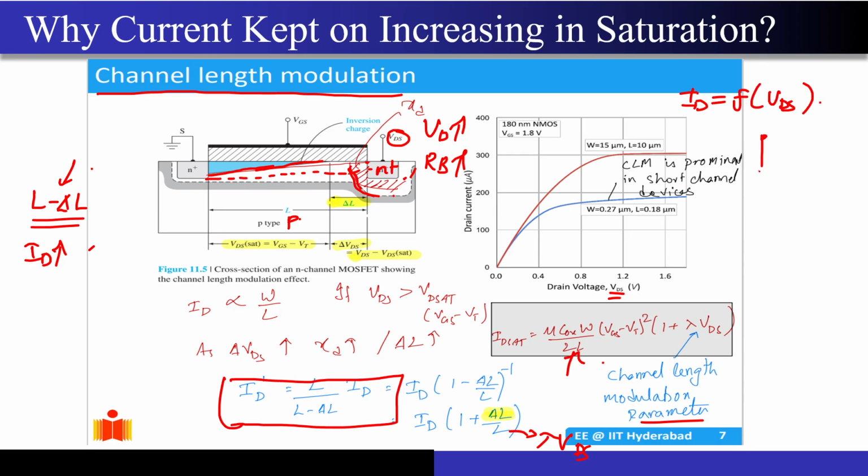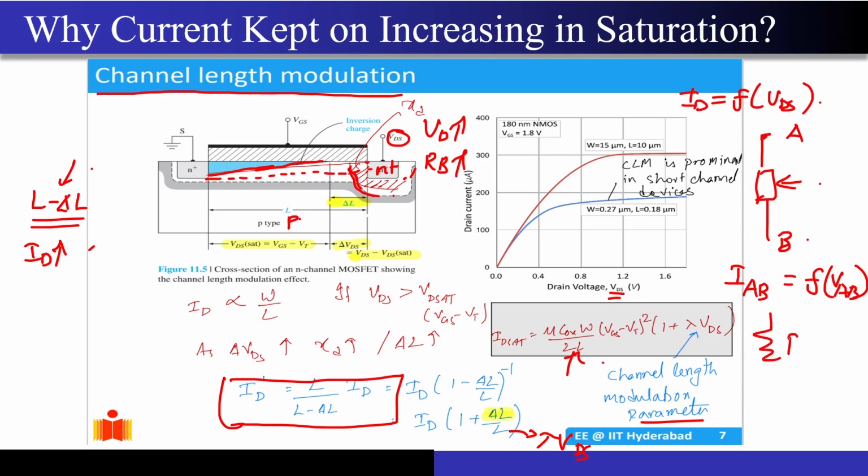You know that for any impedance between A and B, if the current between A and B changes with respect to the voltage that I am applying between A and B, this is nothing but your impedance, your resistor, right?